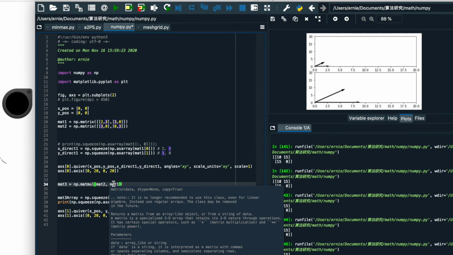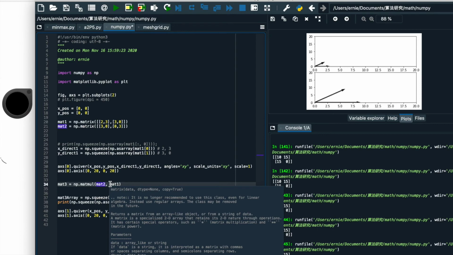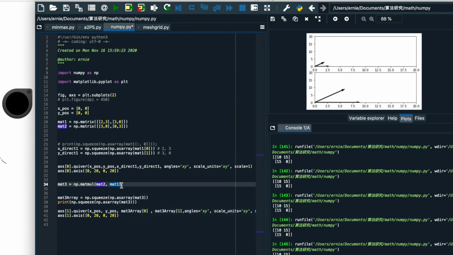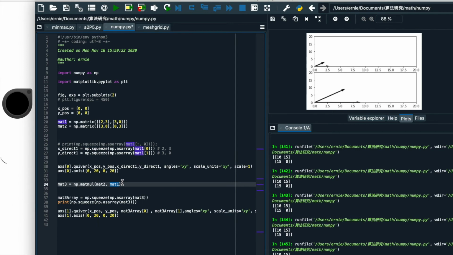We're using matrix 1 and multiplying it with matrix 2, but the transformation should be read from right to left, like from here to here.